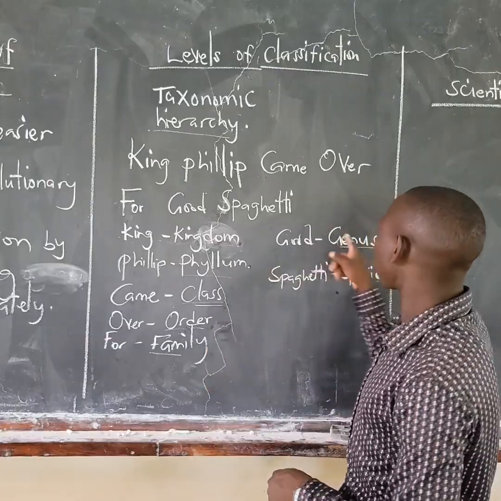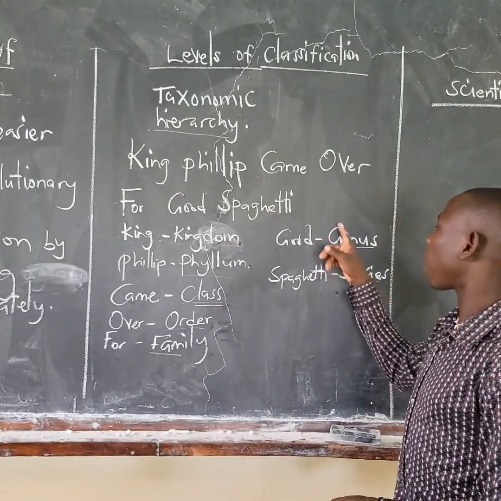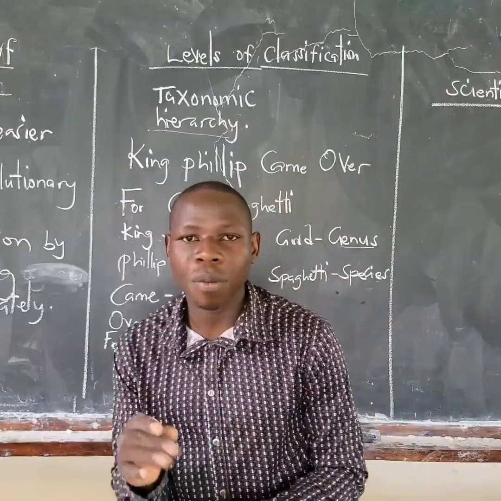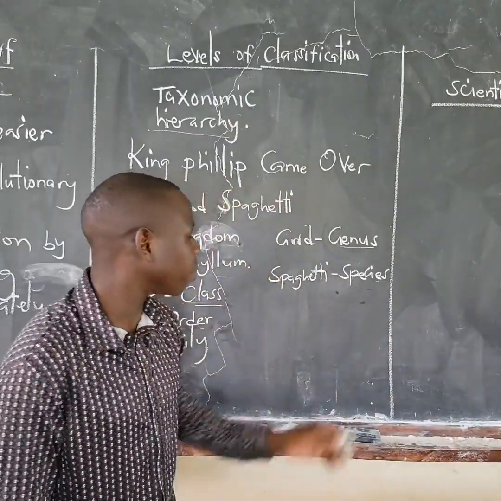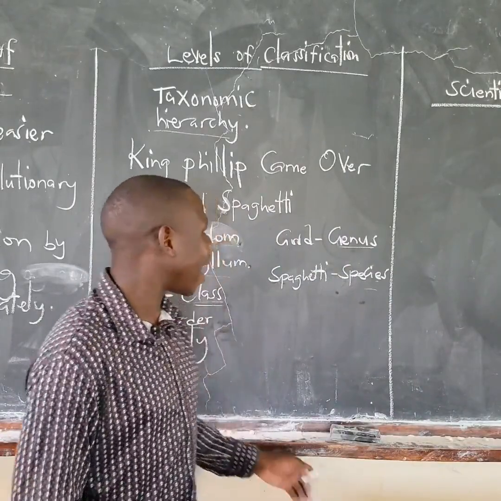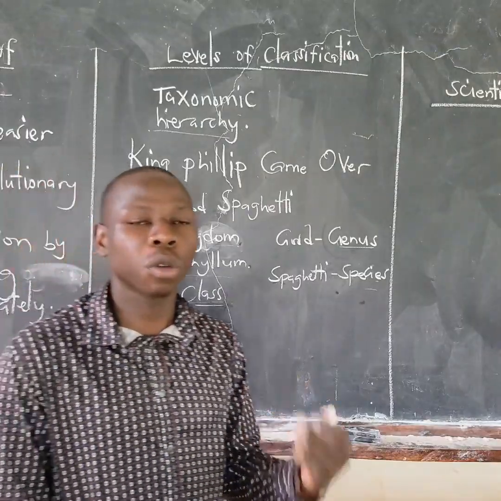From here, you find our villages, which we can call the genus. And now our homestead, or household, can be the species. These are the levels of classification where science grouped living organisms. Then the scientific nomenclature: the naming of living organisms in a scientific way.